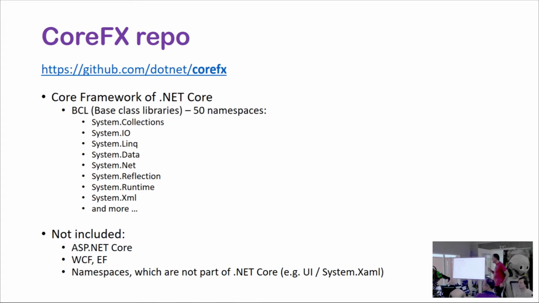What's not included is, for example, WCF; they have their own repo. EF, Entity Framework, probably has its own repo as well. And there are namespaces which are not part of .NET Core at all, like the UI frameworks, XAML basically. That's not part of CoreFX. I'm just trying to scope what I'm going to be talking about. If you are interested in anything else, this talk doesn't apply to that, and things might be different.